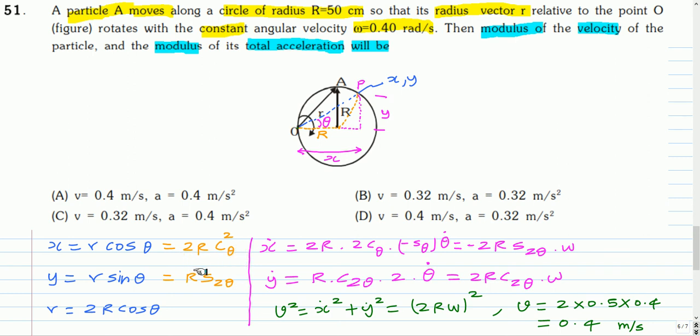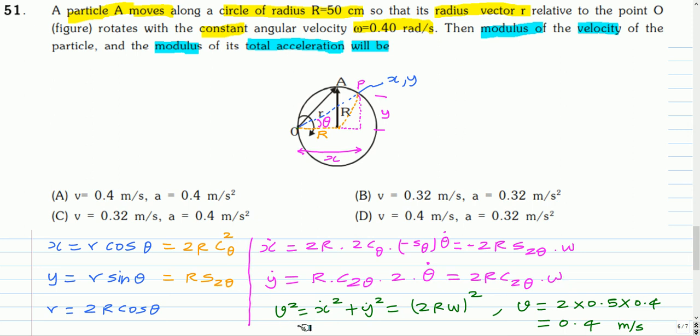Capital R is constant. So x dot is the d by dt of x, that is 2r into 2 cos theta into minus sin theta into theta dot. So this will give minus r sin 2 theta times 2 theta dot, and theta dot is omega, and y dot is differentiating this one, so r cos 2 theta into 2 theta dot, and theta dot is omega.